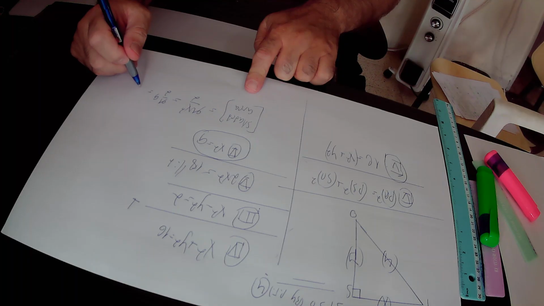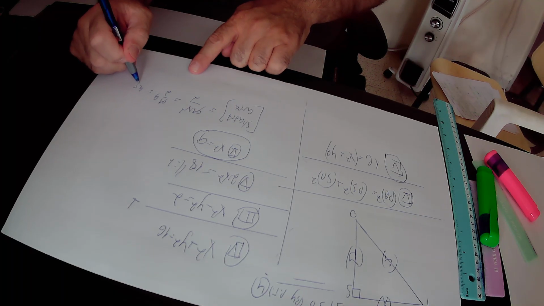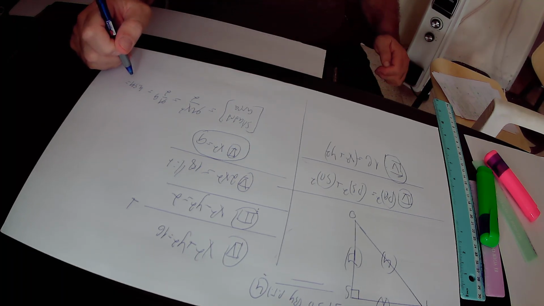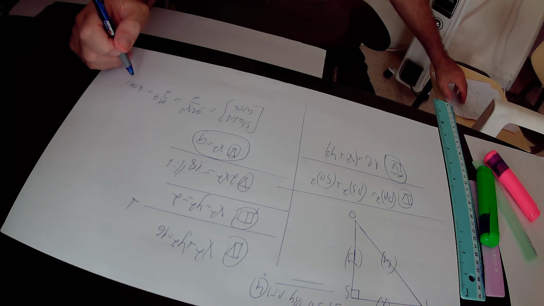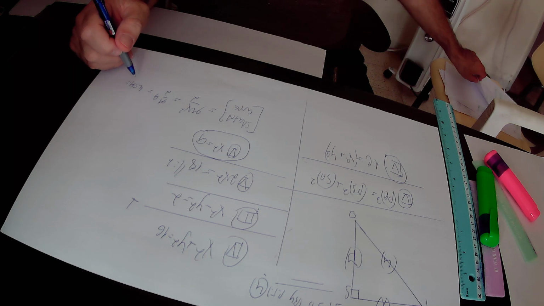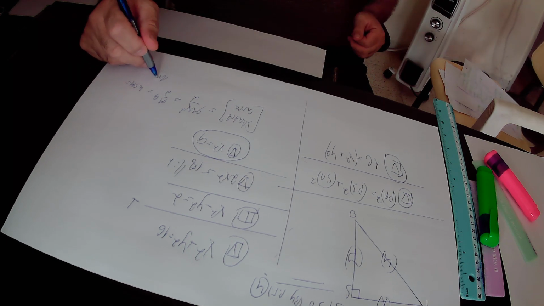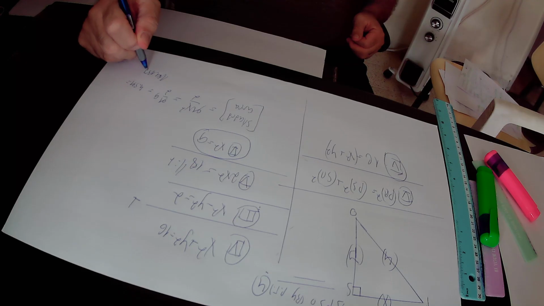9 over 2 is 4.5, so it is 4.5 pi. 4.5 pi is equal to 14.137 square meters in its size.